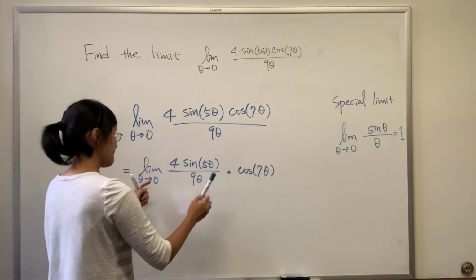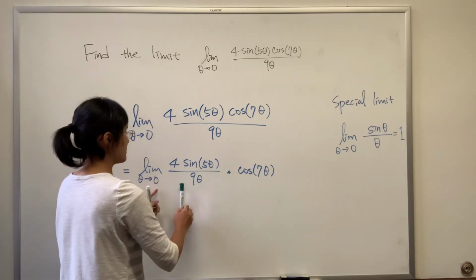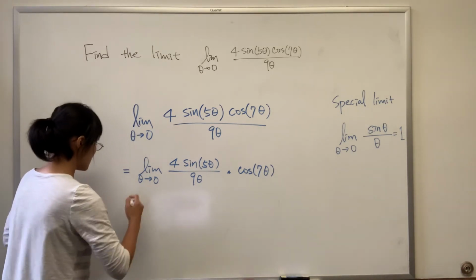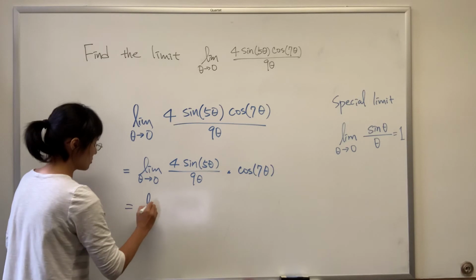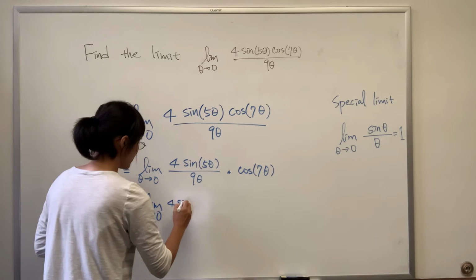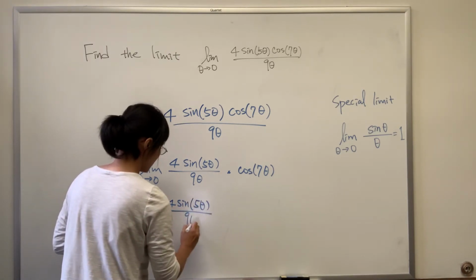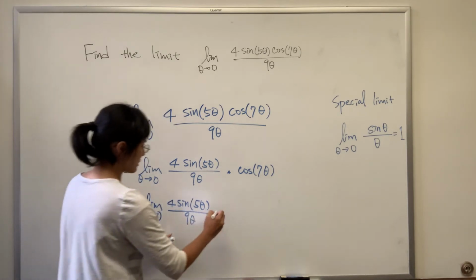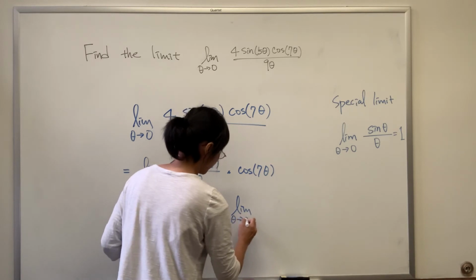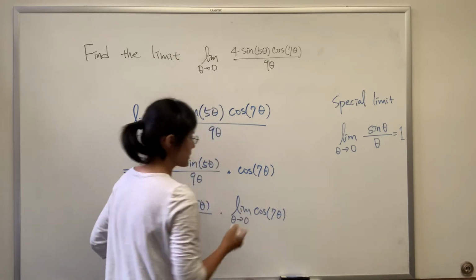When I have two functions multiplied together and the limit of each function exists, I can say this is equal to the limit of the first function with theta approaching 0 times the limit of the second function.